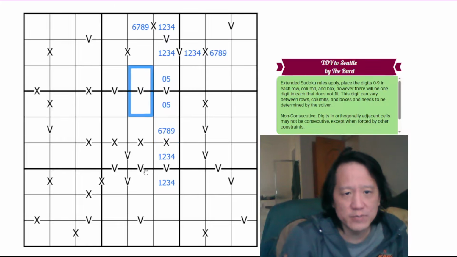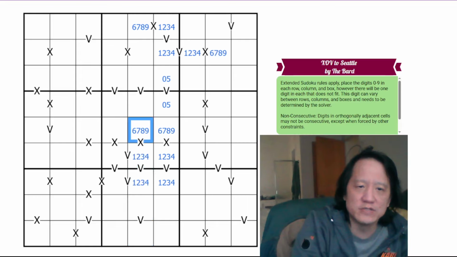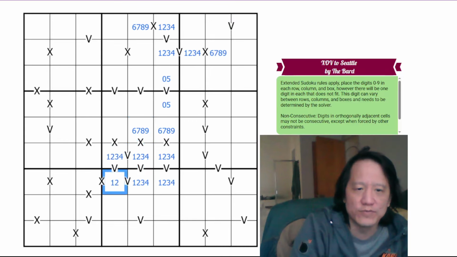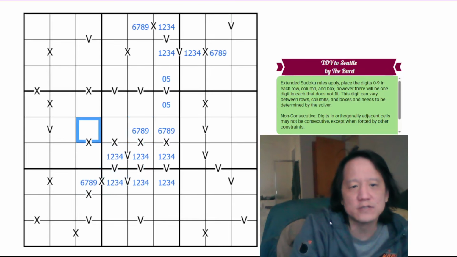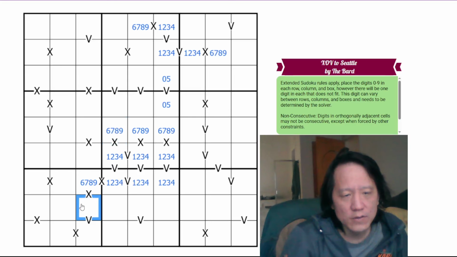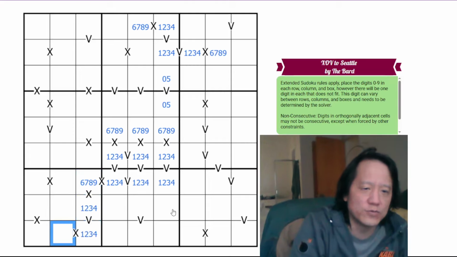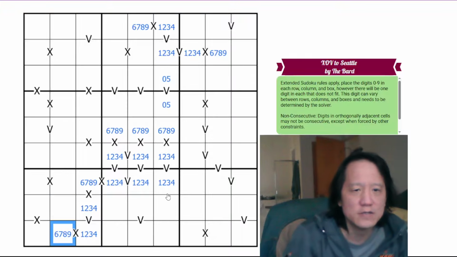We have something similar here, except we don't know where the 0 through 5 is. This is 1 through 4. This has to be 6 through 9. This is another 1 through 4, another 1 through 4, 6 through 9 next to it. This is 10 away from a 1 through 4, which means this is 1 through 4, and this is 6 through 9.